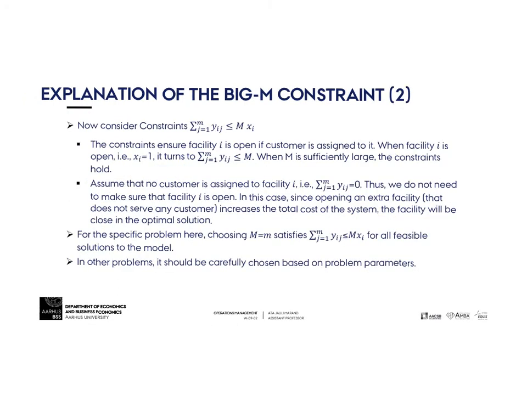So the constraint ensures facility i is open if you want to assign customers to this facility. And also, we assume that no customers are assigned to the facility if x_i equals 0.